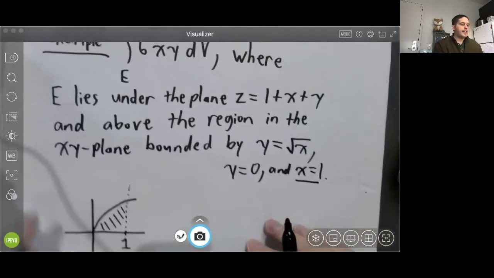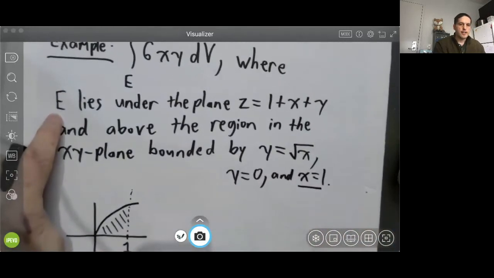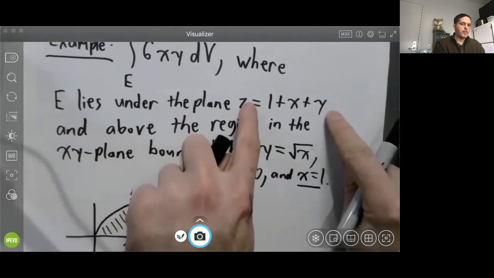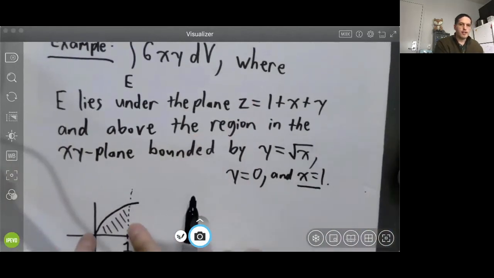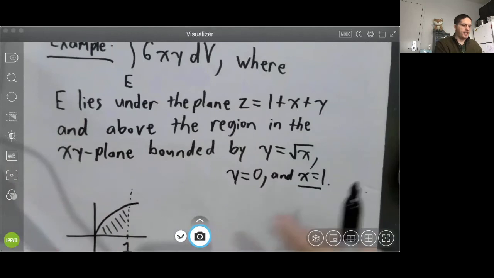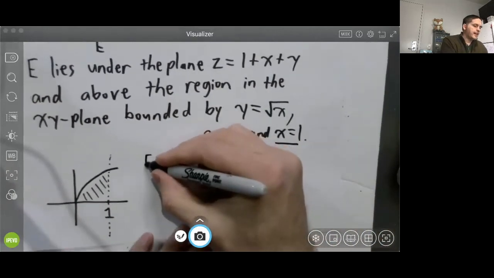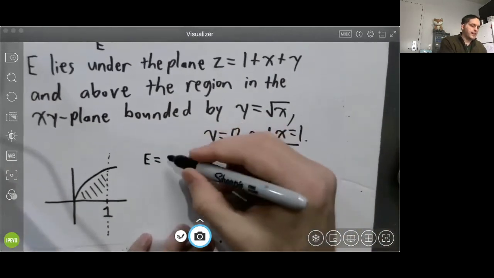And E is the solid region that lies under this plane and above this region in the xy plane. So E can be described like this.